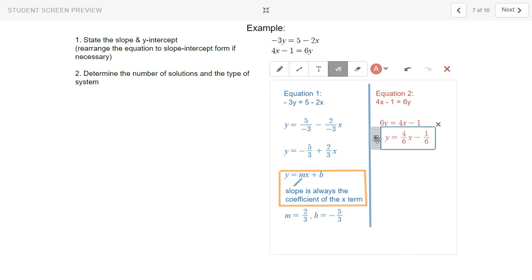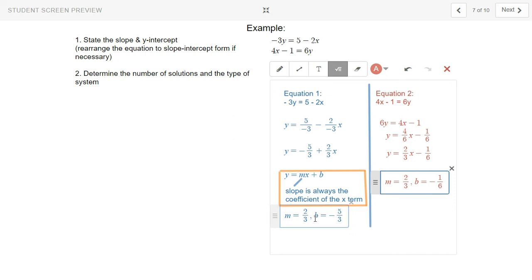Now I haven't reduced this fraction to its lowest terms yet, so I'm going to need to do that. y is equal to 2/3x minus 1/6. Now, that tells us my slope is 2/3 and b is equal to -1/6.